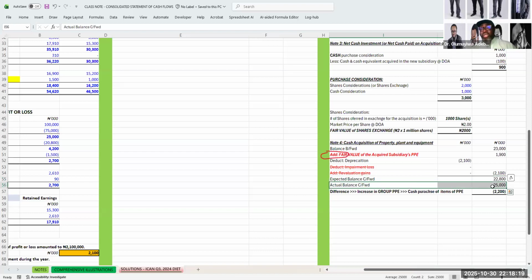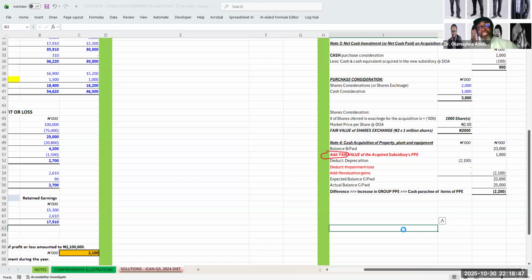But when your actual is more, it means that you have purchased more items of property, plant, and equipment. If not, it should give you the same thing. You understand? And if the actual is less, it means you have disposed of part of your item of property, plant, and equipment. Go back to your fundamental principles of IAS 16.